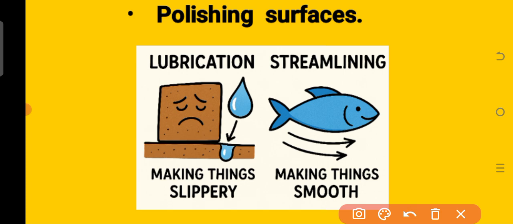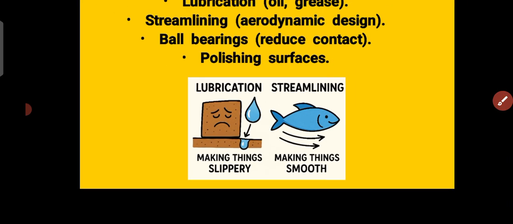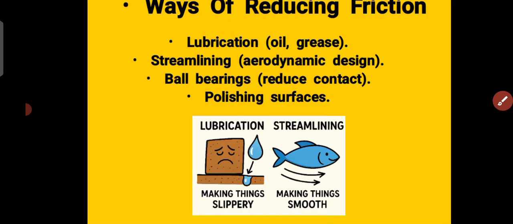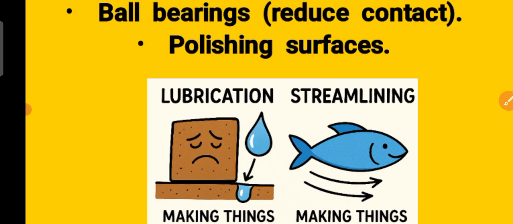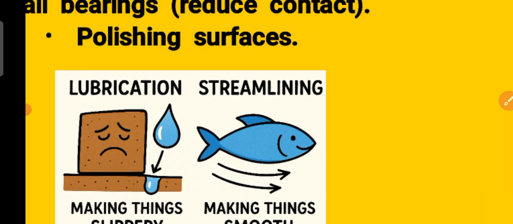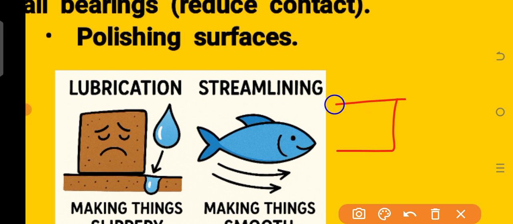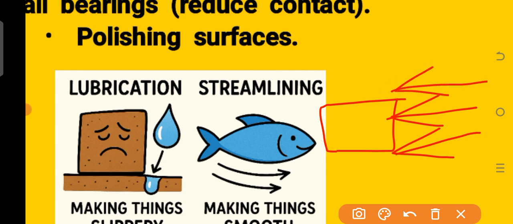Now, what happens in streamlining? In streamlining, you make the object smooth so that air, in this case, for example, our airplanes and our cars, could be streamlined. Instead of having a block design, let's say if your car is in a block design, you have every atom of air hitting on it, and so that means you're going to experience great action of friction.